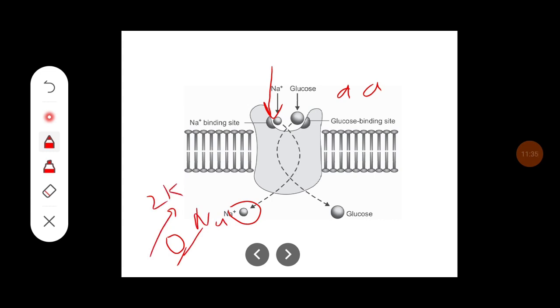That creates the concentration gradient for sodium, which is why sodium moves from the extracellular fluid to the intracellular fluid. With that, another substance moves, which is called secondary active transport. It is called secondary active transport because the concentration gradient for sodium is created by the primary active transport here.